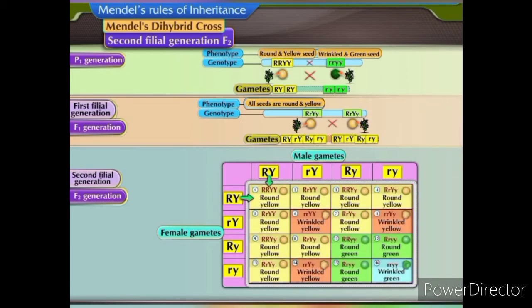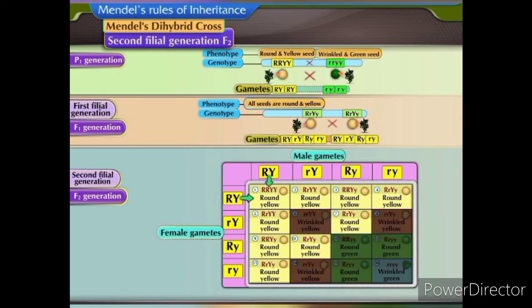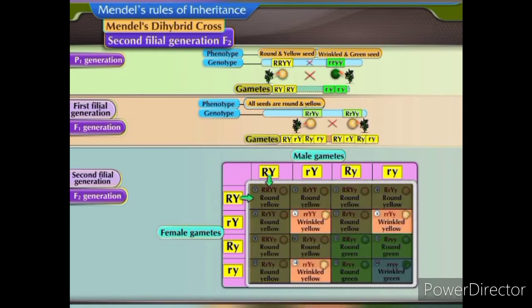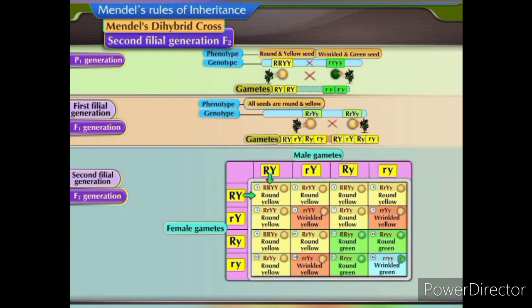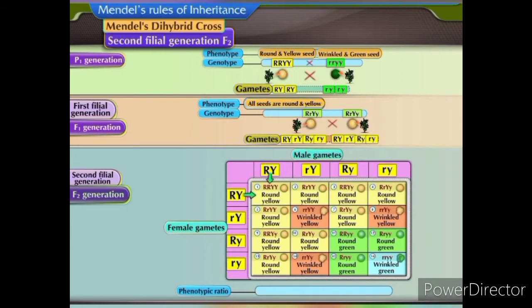Out of a total of 16 plants, 9 plants are with round and yellow seeds, capital R, capital Y. 3 are with wrinkled and yellow seeds, small r, capital Y. 3 are with round and green seeds, capital R, small y. And 1 is with wrinkled and green seed, small r, small y. Thus, the phenotypic ratio of the F2 plants is 9:3:3:1.